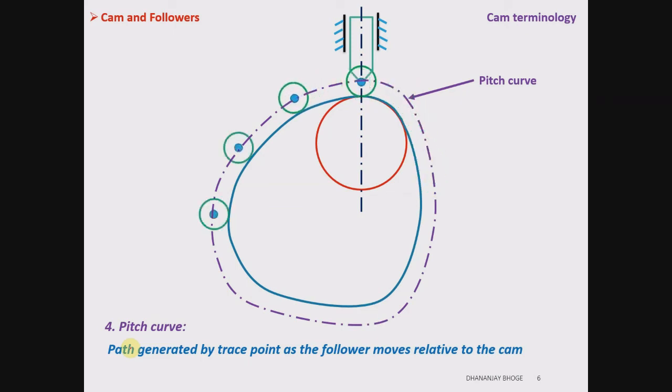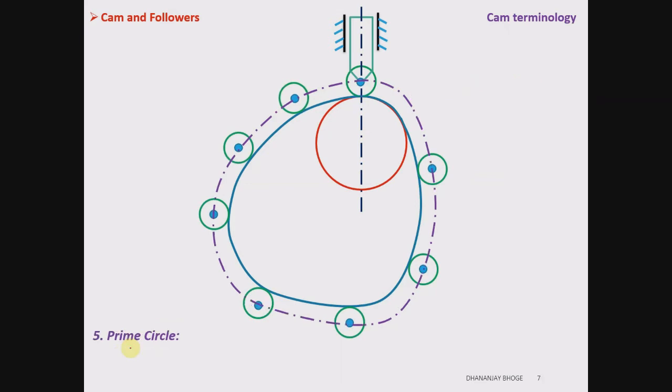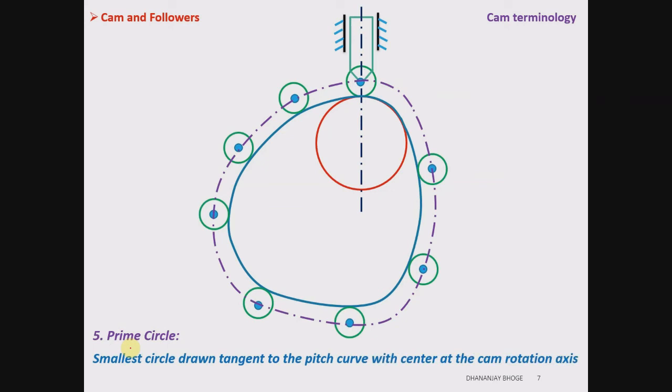Now let us show the various instances of follower rotation around the surface of the cam profile. Next one is prime circle. The smallest circle drawn tangent to the pitch curve with center at the cam rotation axis is called as the prime circle.